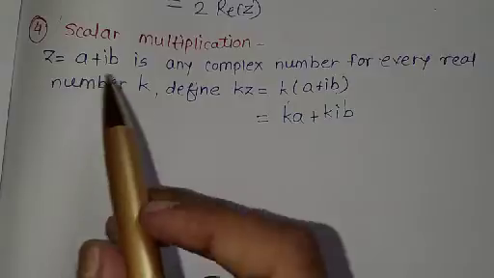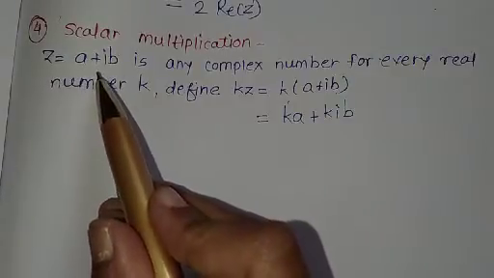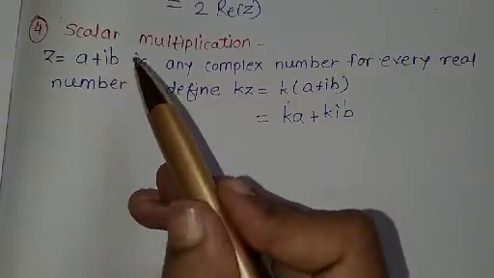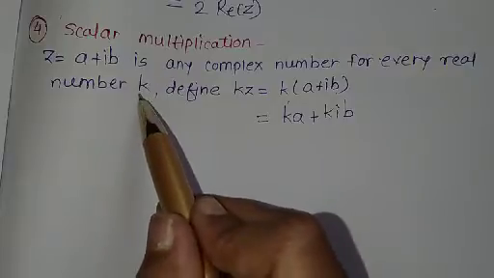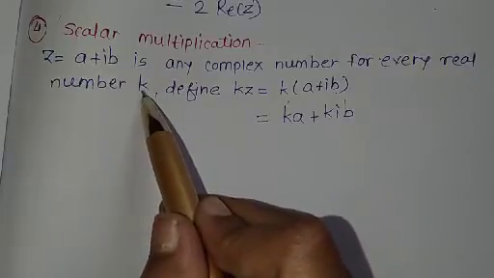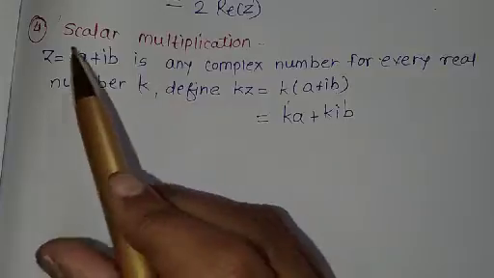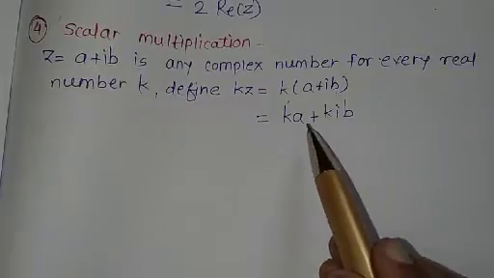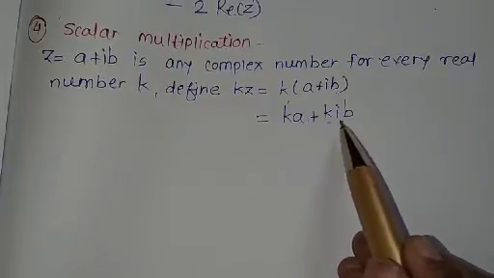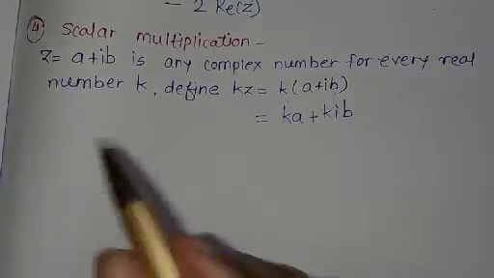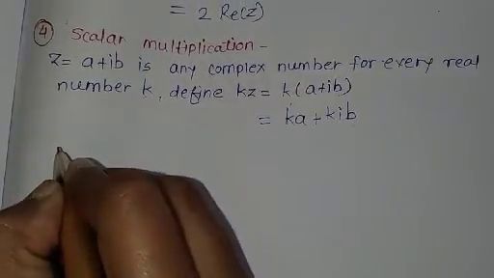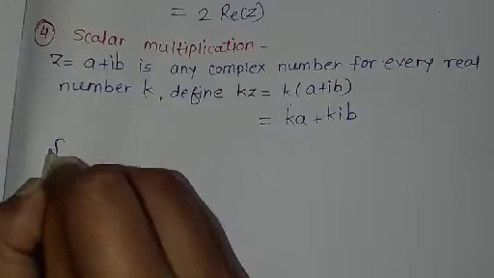So for any complex number z equal to a plus ib and k any scalar, the multiplication of k and z is nothing but ka plus kib. For this, consider one example.